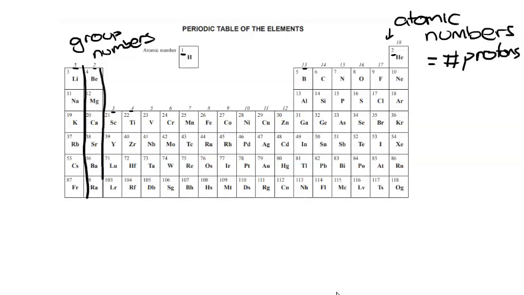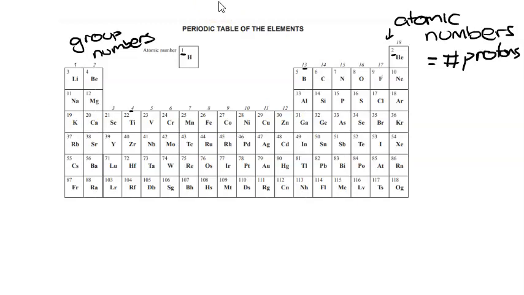So this column is column number 1, then column number 2, column number 3, and we'll see why that's useful in a second. Group is the name for columns on the periodic table, and that's it. If we were to go across from the left to the right, those would be the periods. Okay, so let's look at what these mean.